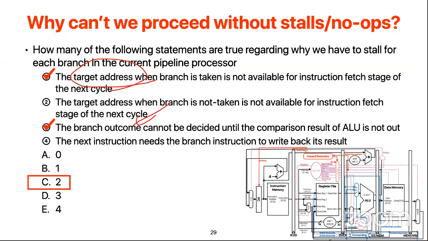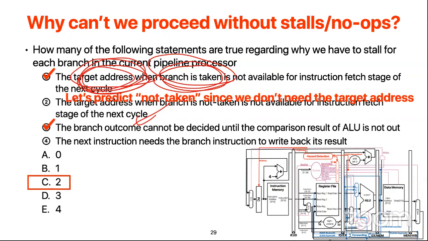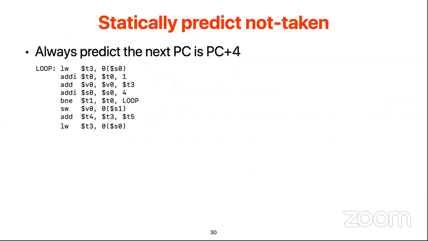If I want to do prediction by just guessing the outcome, there's no way I can predict branch taken, because the taken address must be calculated, right? So the easiest thing to do is to predict not taken, since we don't need a target address. Not taken is always PC plus 4. So for static prediction, it's very easy to predict not taken.